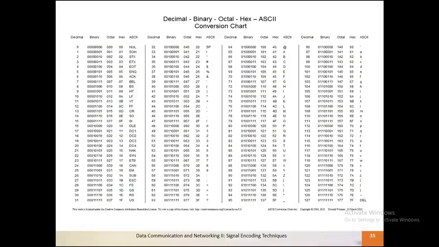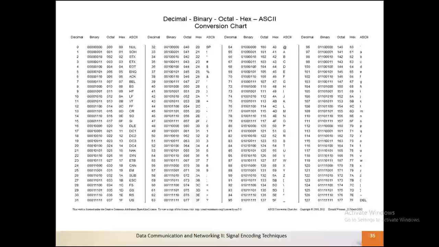So here is your ASCII conversion chart, where you do have your decimal values from 0 all the way up to 127, which basically denotes all the various ASCII characters you'd come across within an electronic system, either a computer or a cell phone or a terminal or television or whatever.